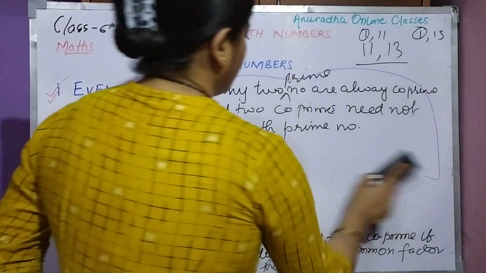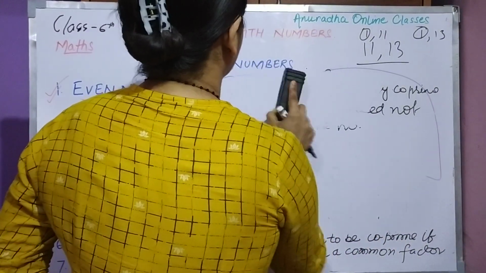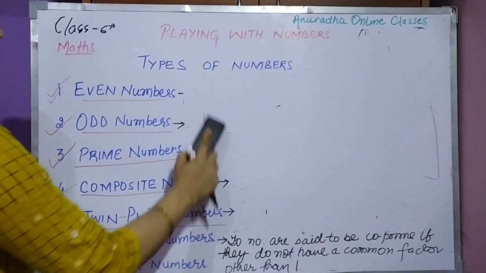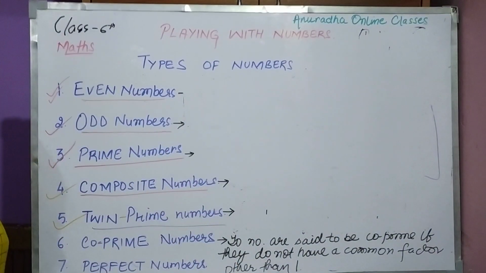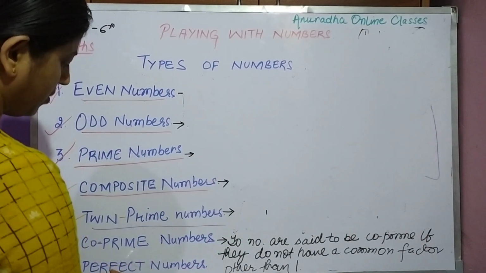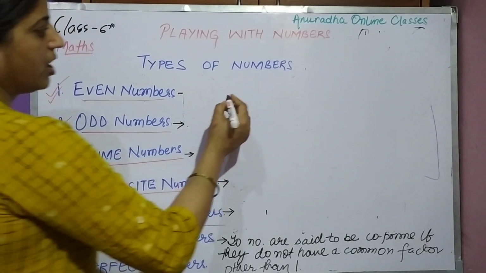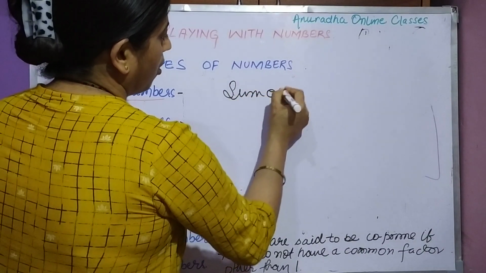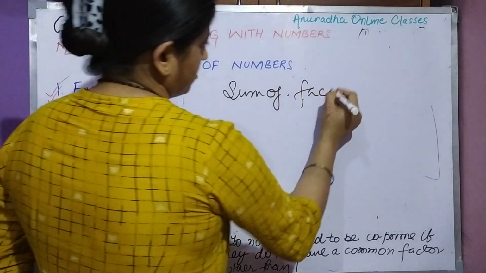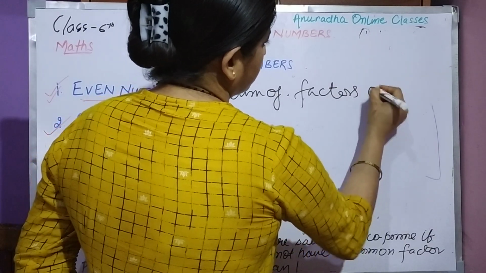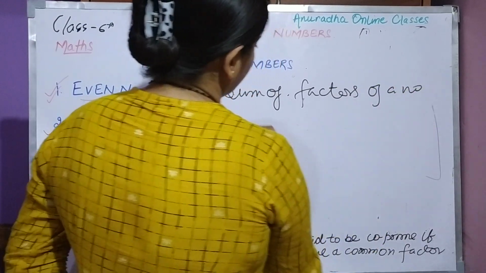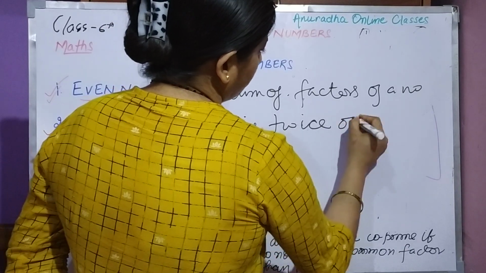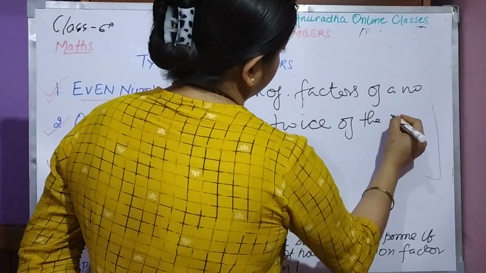Right? Now let us come to the next number, that is perfect number. In the previous class I told you about perfect numbers. A perfect number means the sum of factors of a number is twice the given number.